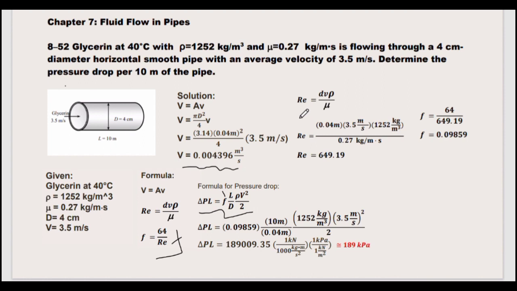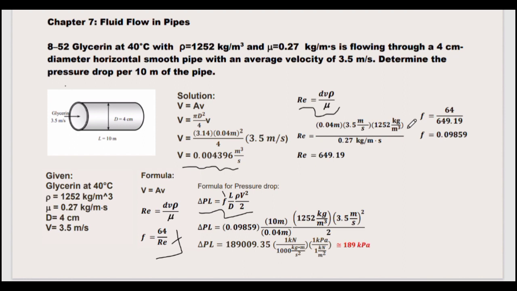Solving for the Reynolds number, we have the formula diameter times the velocity times the density over mu. So 0.04 meter times 3.5 meters per second times 1,252 kg per cubic meter over 0.27 kg per meter second.